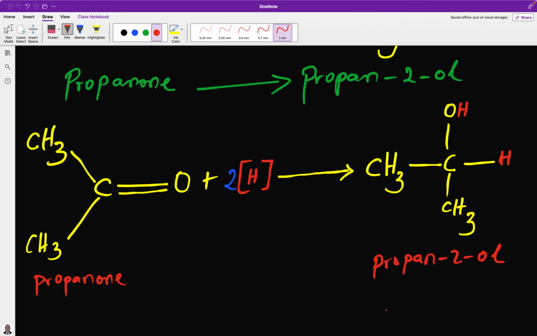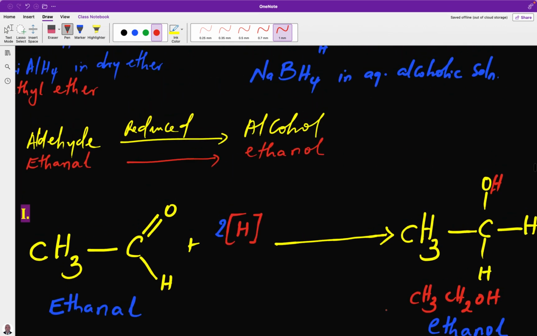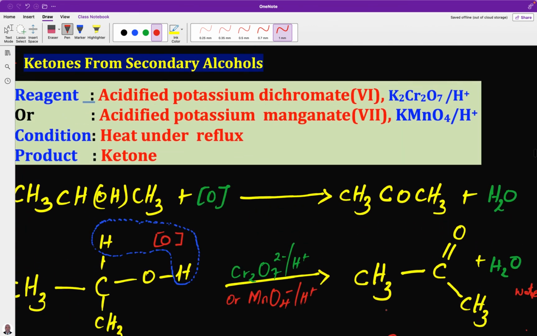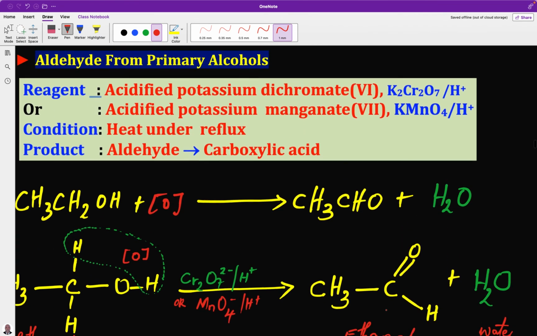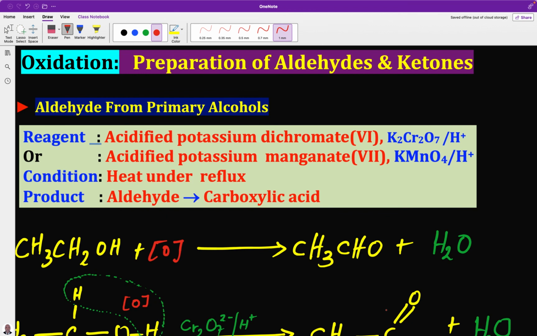So a recap of our study today. We have treated oxidation and reduction of aldehydes and ketones.